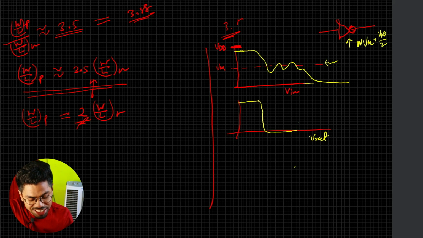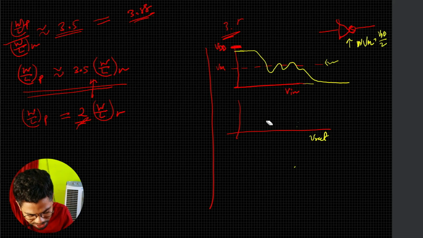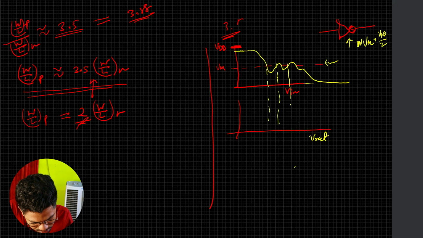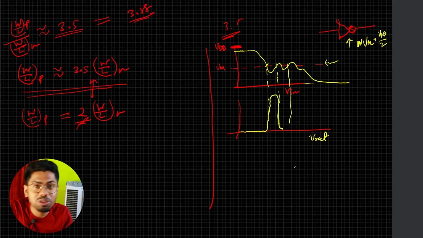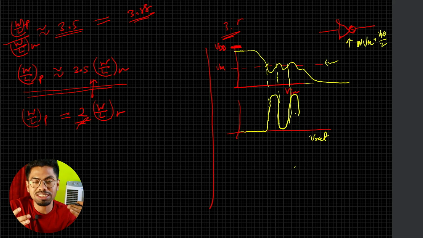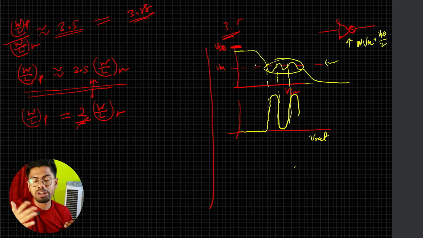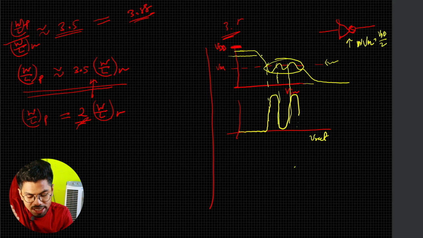Then it will be a disastrous output actually. If I roughly draw these points whenever it crosses your VM, then up to here the output will be down, then whenever it goes below VM it will go up, then down and up and down, which is not the intention of this inverter, because this is actually the portion where our signal is at low, but due to some problem or noise in our signal, it is fluctuating there.